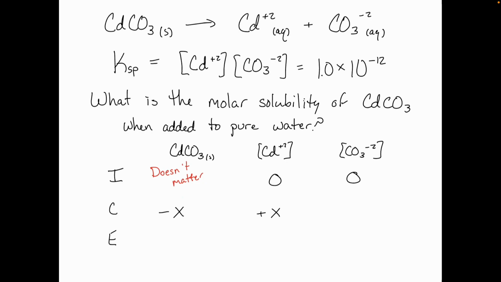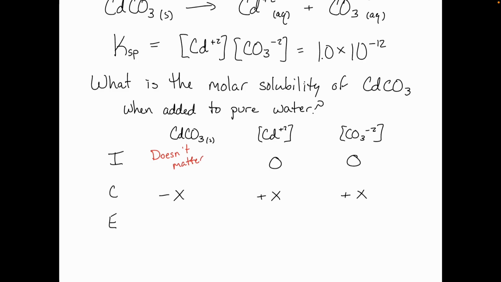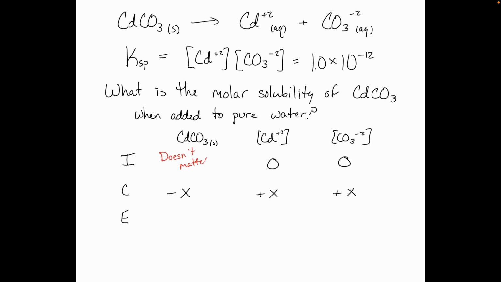So this would just be plus x and plus x. Then over here, it doesn't matter, minus x. Again, it doesn't really matter because this doesn't appear in my KSP expression at all.